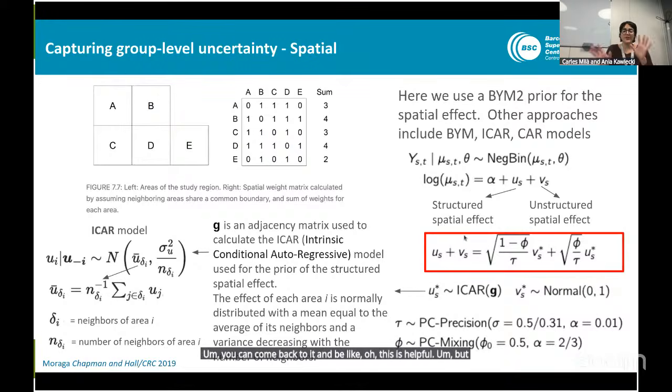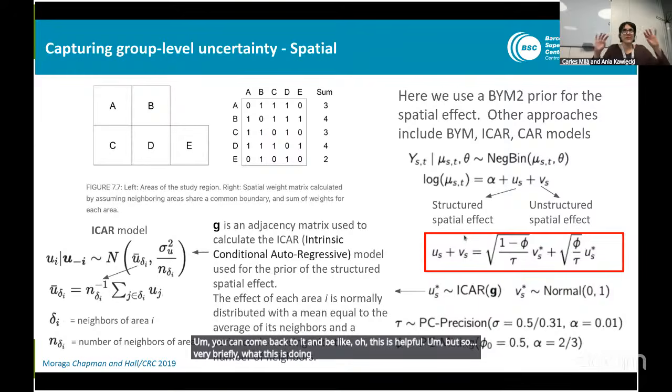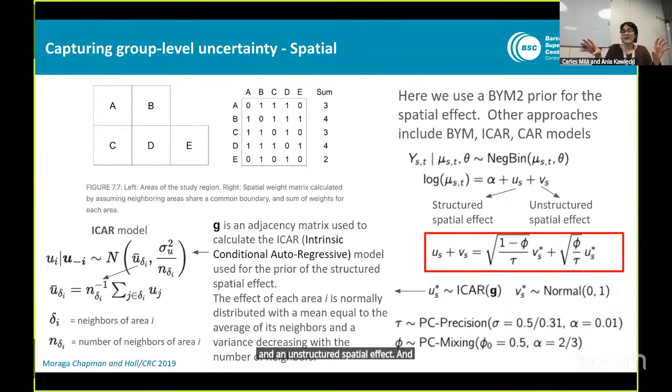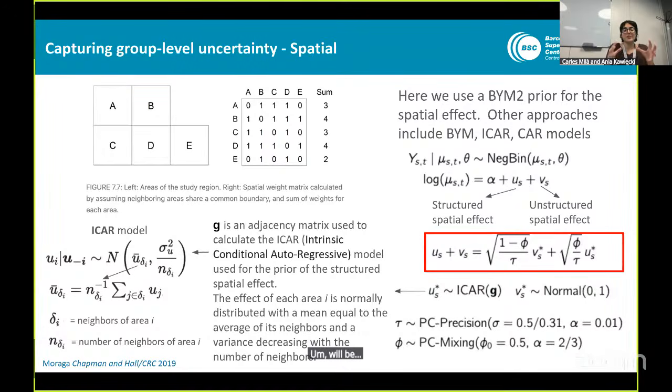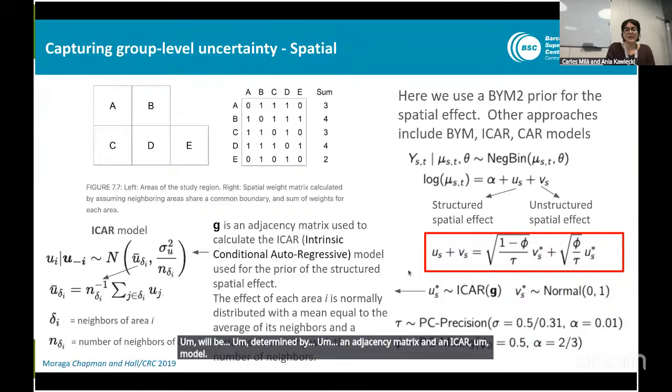Very briefly, what this is doing is dividing your spatial effect into a structured spatial effect and an unstructured spatial effect. The unstructured spatial effect will have a prior that is an independent normal distribution, just the noise that is not structured. The structured spatial effect will be determined by an adjacency matrix and an ICAR model here.